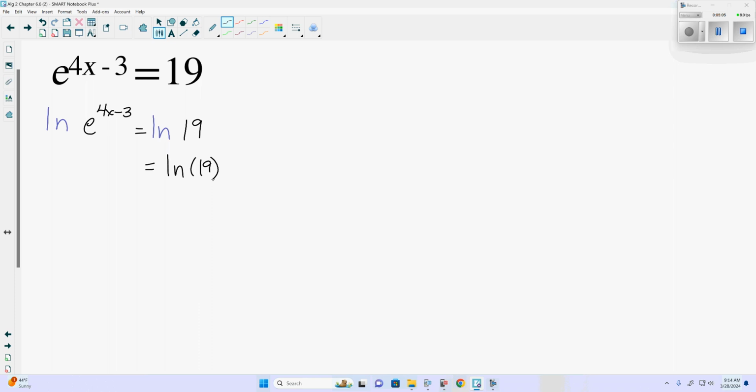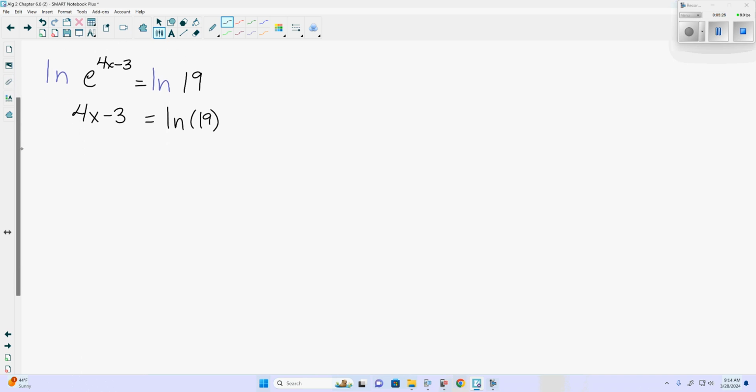The left-hand side, the natural log of e to the 4x minus 3, becomes 4x minus 3, because mathematically, we would move it to the front of the natural log of e. Natural log of e is 1, so it simplifies because we're just doing 4x minus 3 times 1.